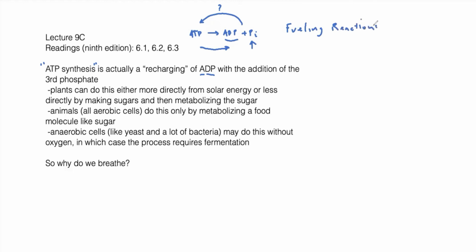Which is a really good term. When you fuel your car, you're basically recharging the gas tank so that you can go on again, right? So you consume the gas and you have to put more gas in. You consume the ATP and you have to put more ATP in the tank, right? And so by fueling reactions, we're talking about any of the reactions that will generate ATP.